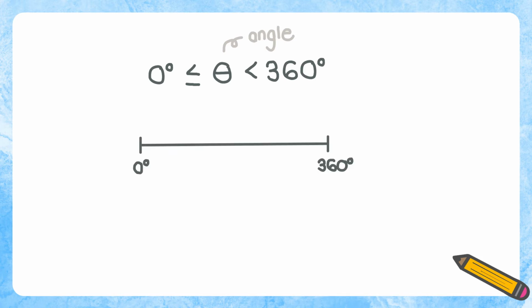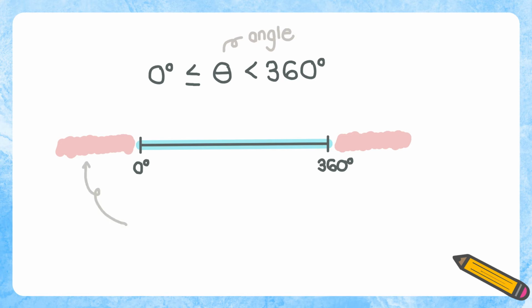So basically, if we think about it in a number line format, we want an angle that's between 0 degrees and 360 degrees. So we're going to be given angles that are either less than 0 degrees or greater than 360 degrees, and we have to find their coterminal angles by either adding full circles or taking away full circles.